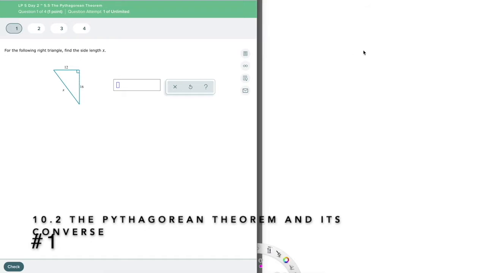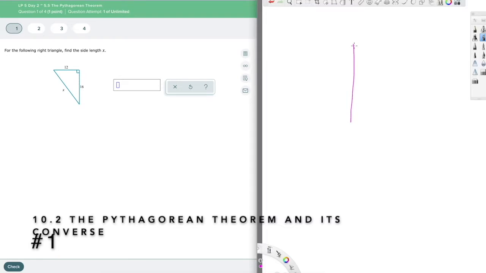So if we have a triangle, and it's got the 90 degree, and I'm just drawing this guy here, the 2 legs that make this 90 degree, so I'll put this in blue even. So here's the 90 degree. The 2 legs that create that 90 degree are called A and B. It does not matter which one is A and which one is B. Truly does not matter. They just need to be the legs.